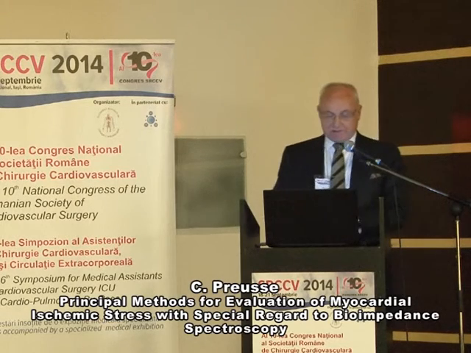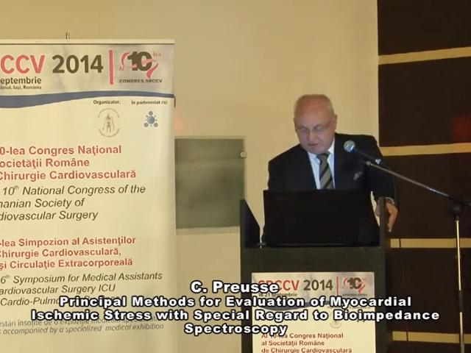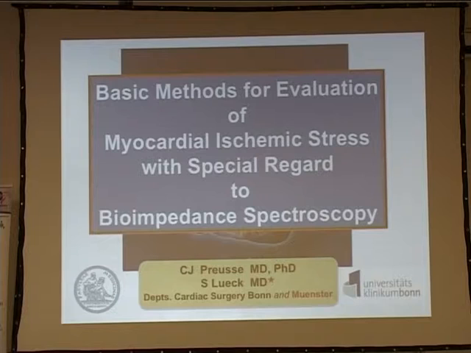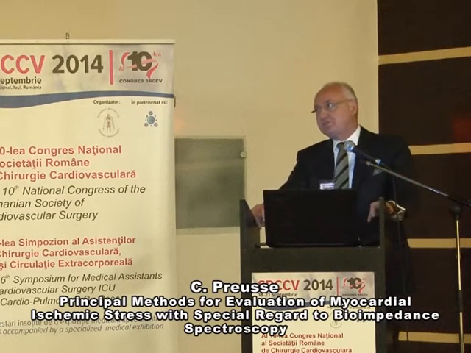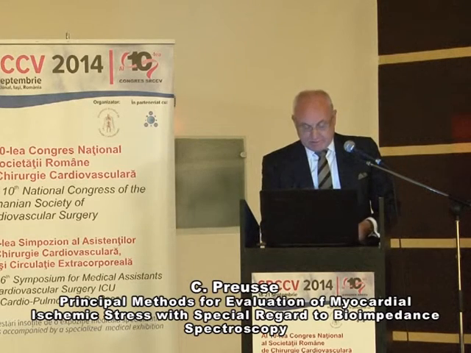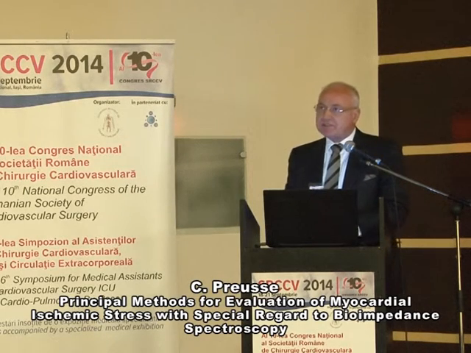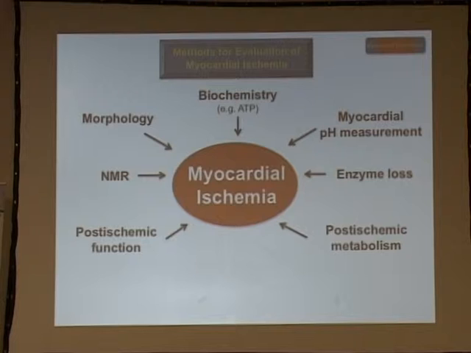So the title is Basic Methods for Evaluation of Myocardial Ischemic Stress, with special regard to bioimpedance spectroscopy. What different methods do we have up to now to evaluate myocardial ischemia?